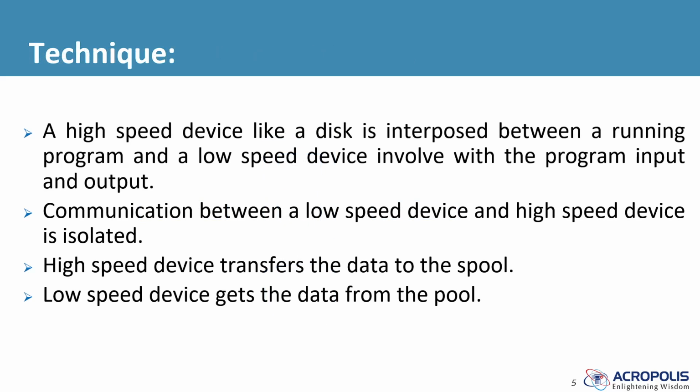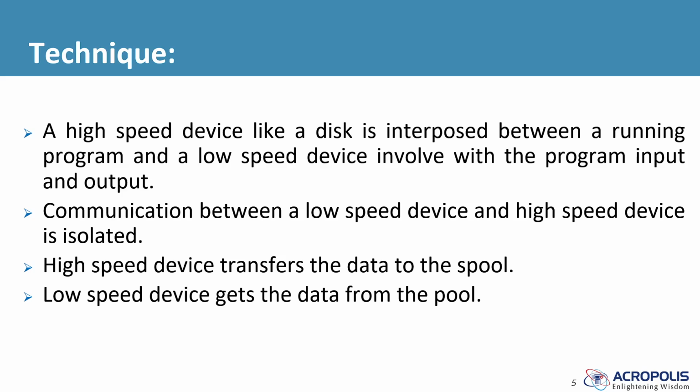What is the technique? A high-speed device like a disk is interposed between a running program and a low-speed device involved with the program input and output. It means input devices are slow devices and output devices are also slow devices.